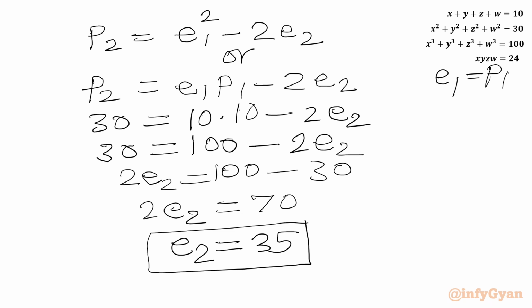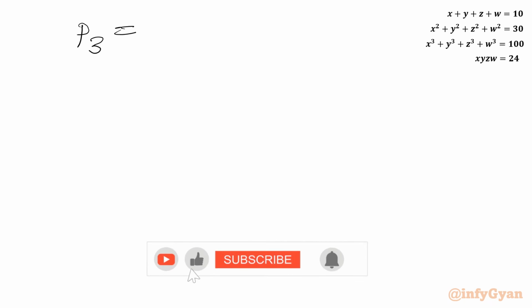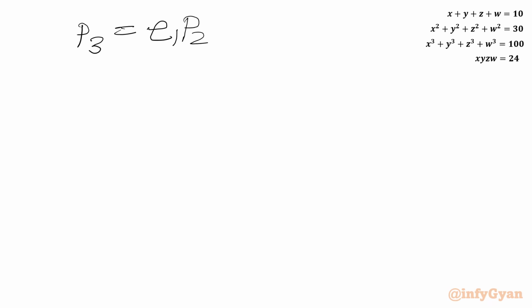Now E2 is known. I will write P3 equal to E1 P2. We can prove these results by putting E1, P2, P3. We can check our values. P3 equals E1 P2 minus E2 P1 plus 3 E3. Let's put all the values.